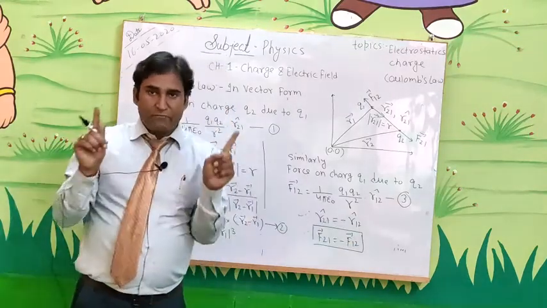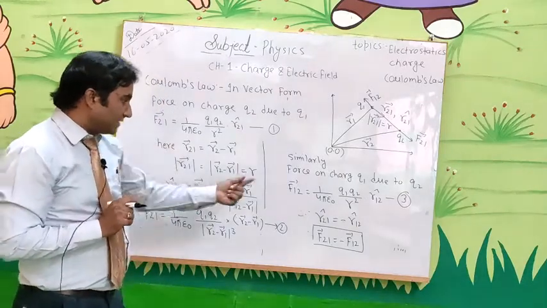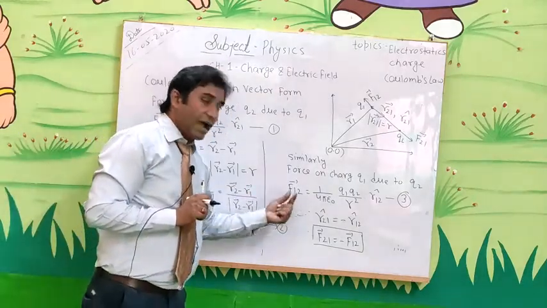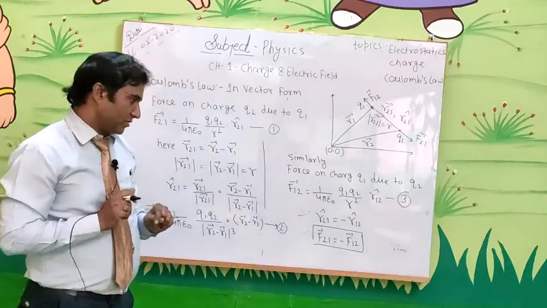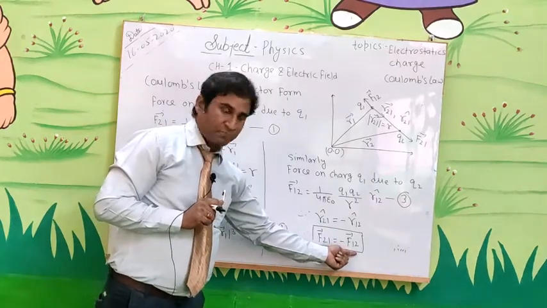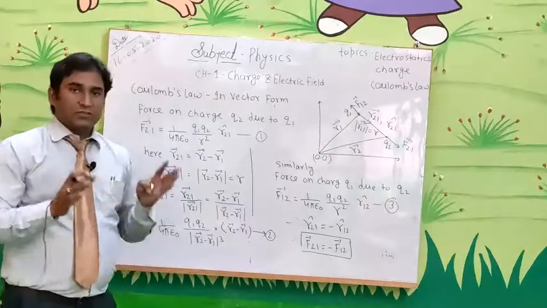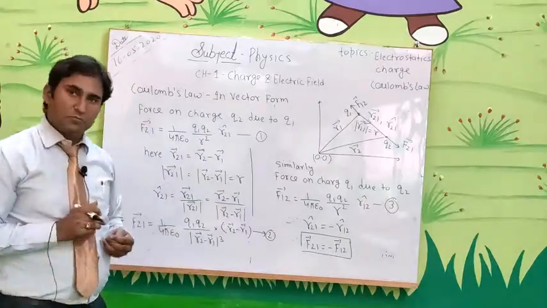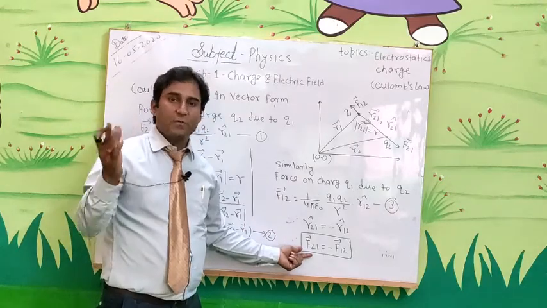That means they differ only in direction. So we can say that these two forces F12 and F21 are equal and opposite in nature. So we can write F21 equal to minus F12. That means this law proves Newton's third law of motion, that every action has an equal and opposite reaction.